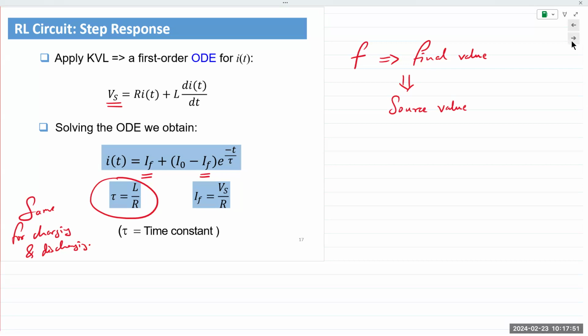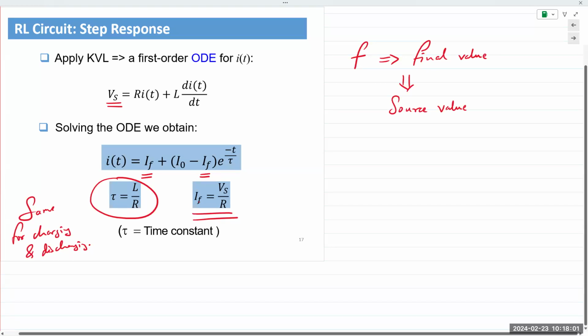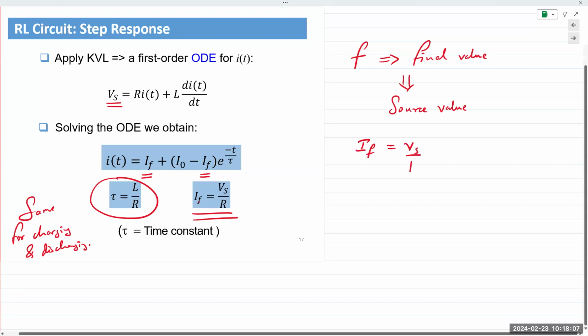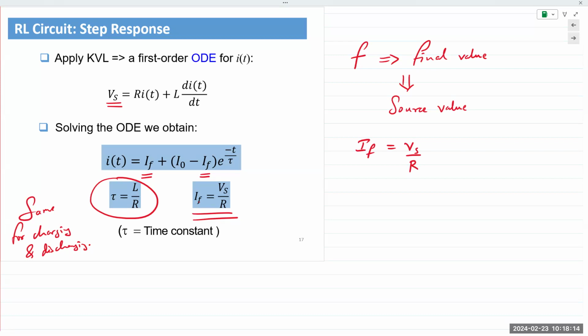And then the reason I chose the voltage source is that I can show you the current can simply be derived by using Ohm's law, right? The final value of the inductor current can be derived from Ohm's law. Initial value would be 0.